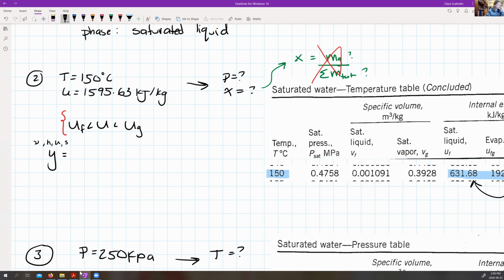And it's going to be equal to YF, so the value of the saturated liquid, plus our quality, times the value of evaporation.